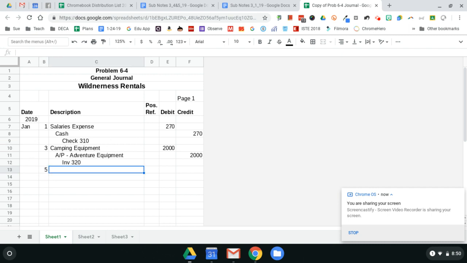So on the 5th, cash and revenue is going to be the credit, and it was a cash receipt, or just receipt, I think would work, $150. All right.